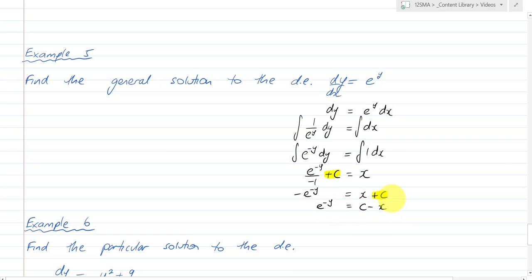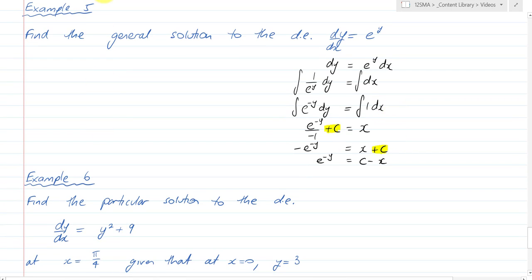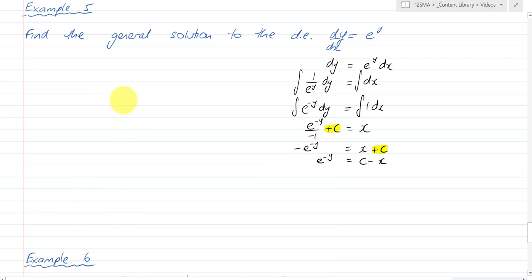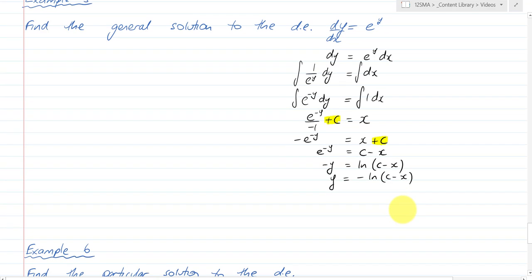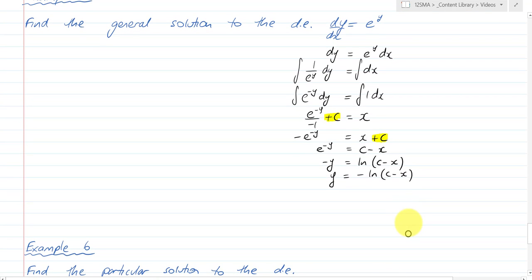It's important that the x is negative but not the c, and take some time to think about that, but I'm going to keep on doing that type of approach and keep my c as simple as possible. Negative y equals log of c minus x, and therefore y equals negative log of c minus x, and that's about the best I can do for that particular question, so I'll leave it in that form. And that's the general solution because I don't know my c value.